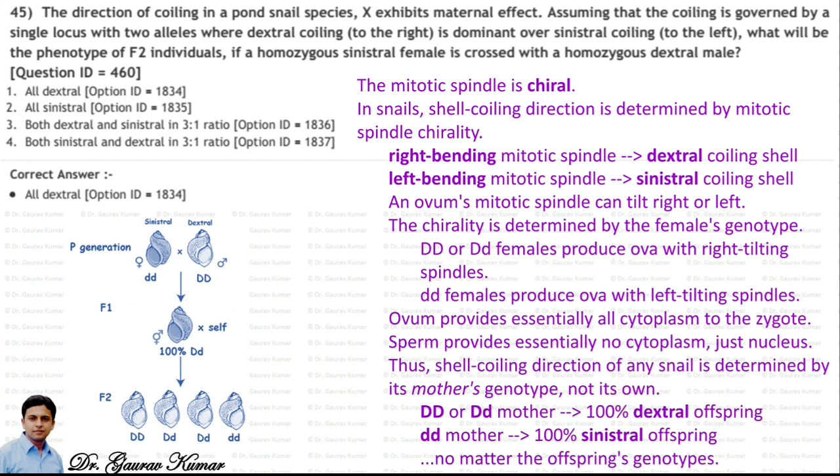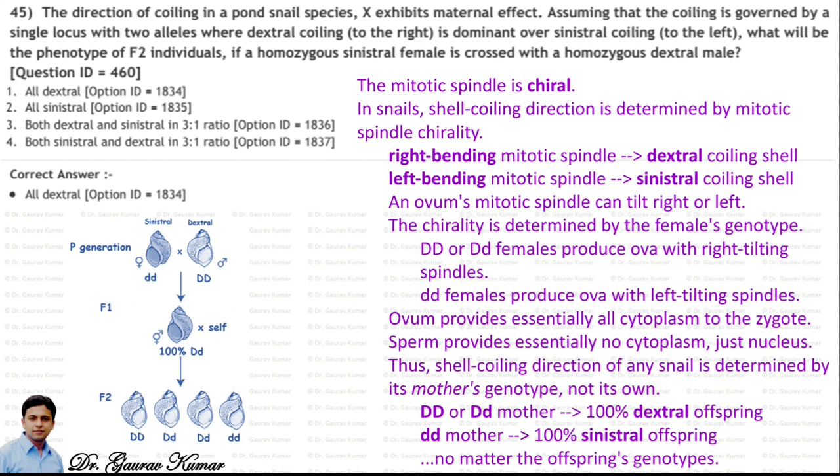So you have to determine the mother's genotype, and that will be the phenotype of the shell. So a capital D homozygous or heterozygous mother will form 100% dextral offspring, and a small d mother will form 100% sinistral offspring, no matter what the offspring genotype is.